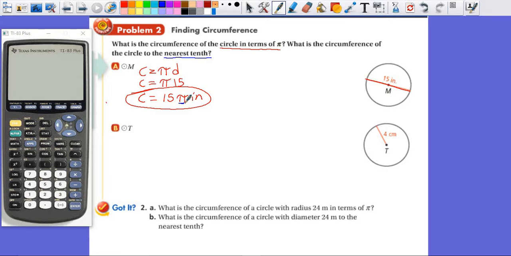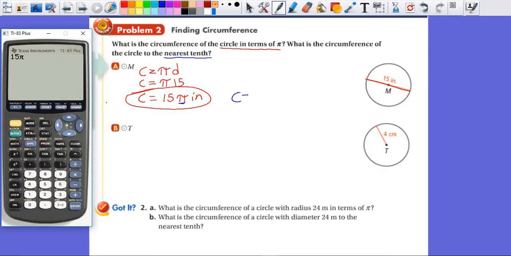And then the next one we're going to do, guys, we're also going to do rounded to the nearest 10th. Whenever you do this, you guys have gotten in the habit of saying, well, pi is 3.14. Yeah, that is an approximation of pi. We're not actually going to use that in this class often unless it tells us to. What we're going to do is put 15 in our calculator. We're going to hit the second button right here, and then we're going to hit the caret key button right here.